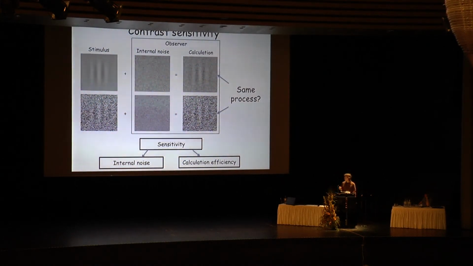So, if I summarize everything, when we study the processing of one given stimulus in a noise-free display, we often use external noise, and when we do so, we actually assume that the noise we're adding does not change the way the observer is processing the information.